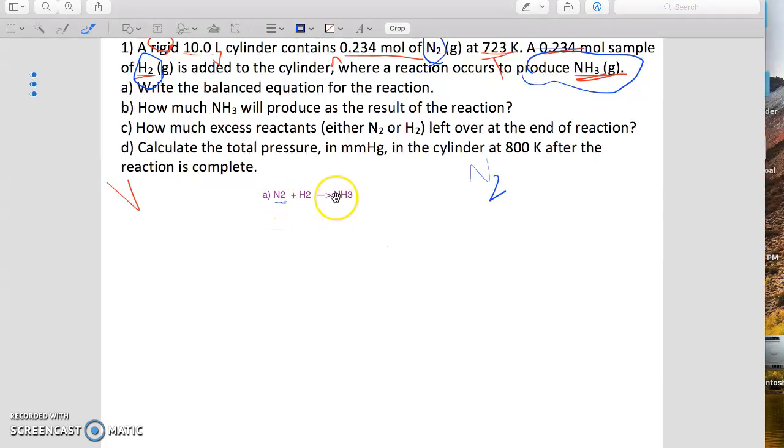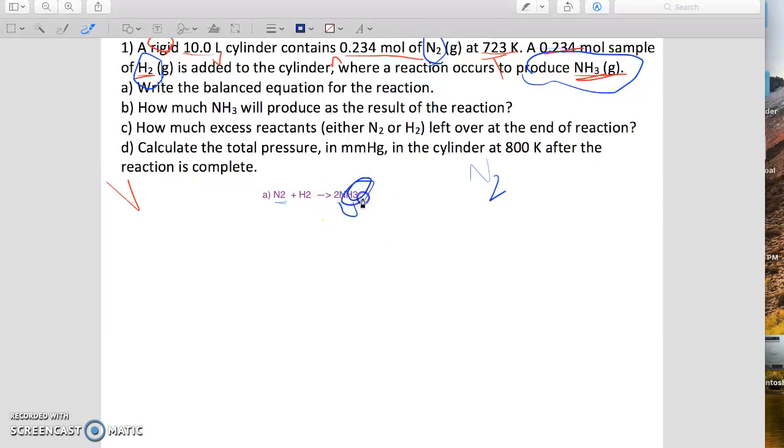So that's not balanced. To make it balanced, I need to go to the front of this NH3 and add 2. Now, when you add 2 there, that 2 belongs to the N, so you're going to have 2 N. But at the same time, that 2 also belongs to the H. So you're not going to have 3 H's, you're going to have 3 H times that number.